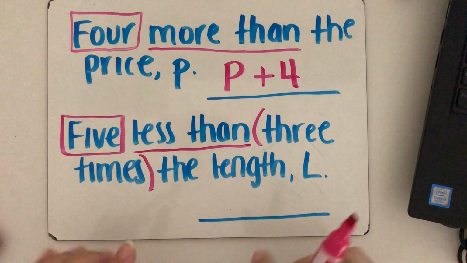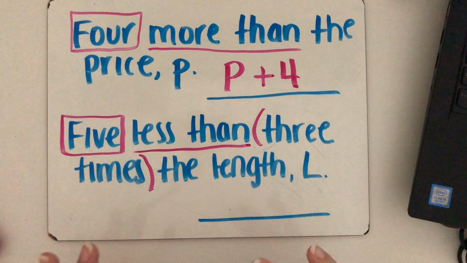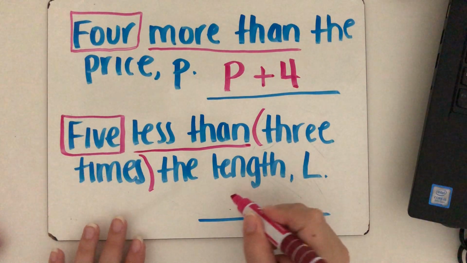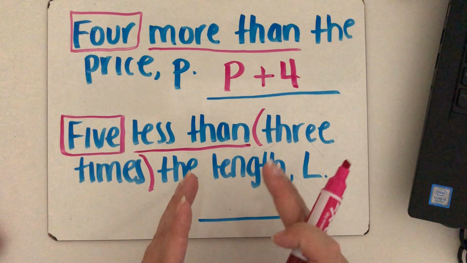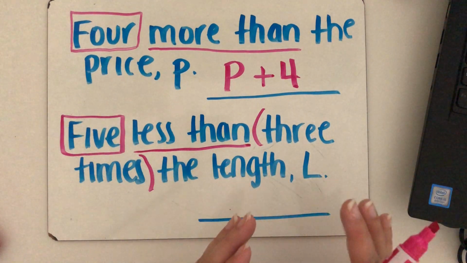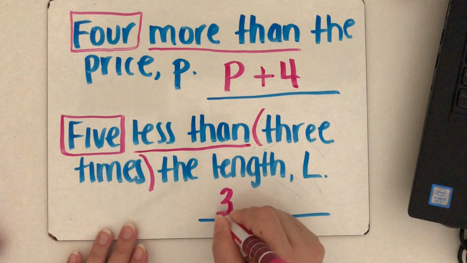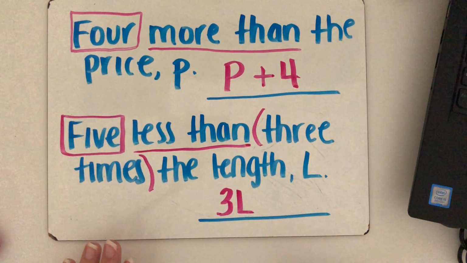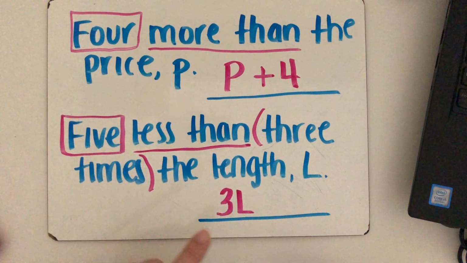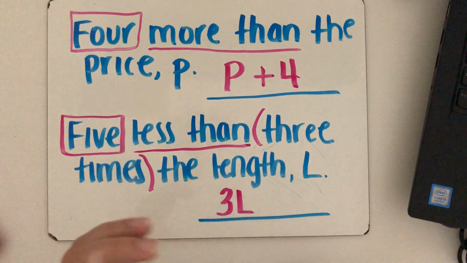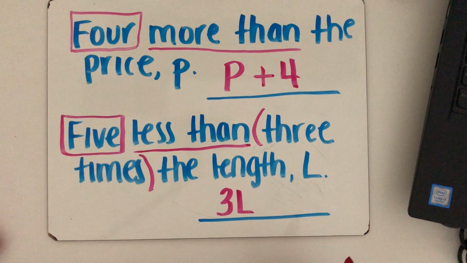Let's put our multiplication piece down first. That gives me 3 times the length L, so it's going to be 3 times whatever value L is. I'm going to put 3L. It says 5 less than 3 times the length L. You have to be careful, especially when you deal with subtraction and less than, or if it says subtracted from.